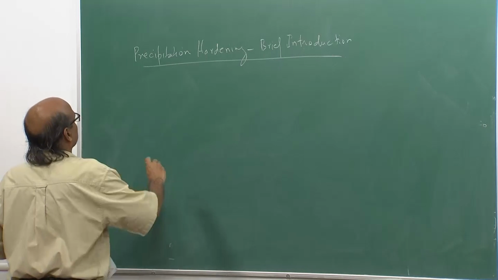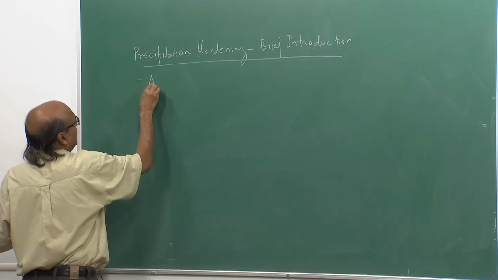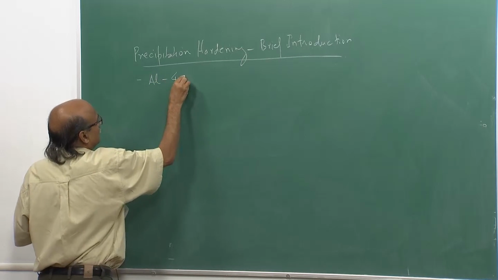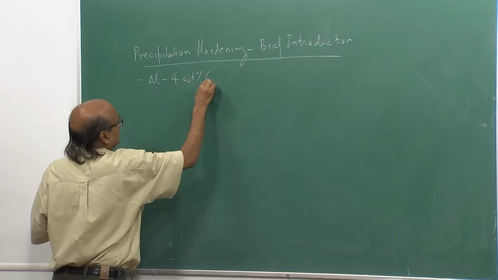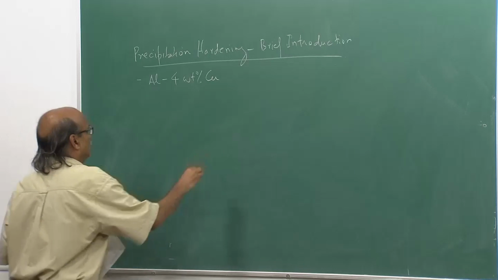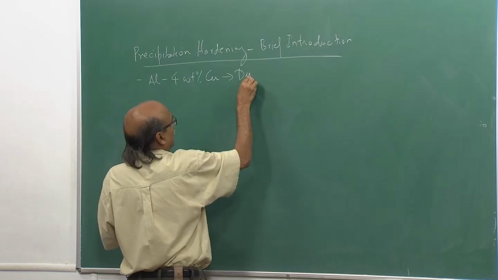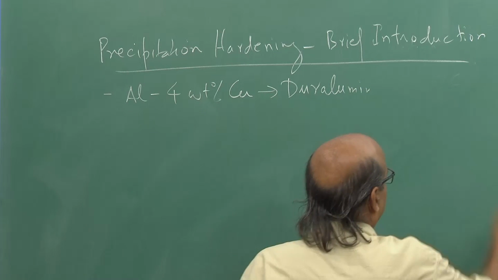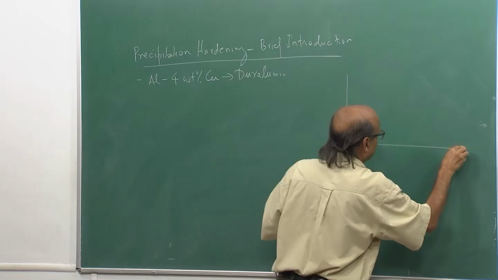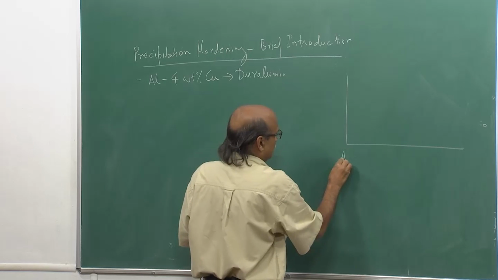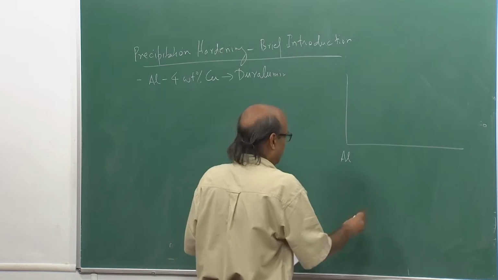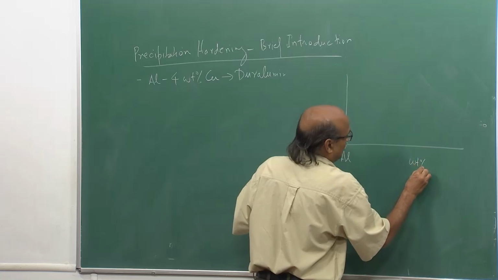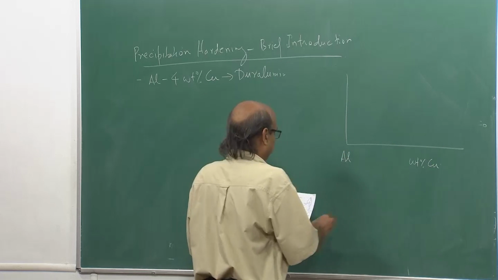So, let us consider this aluminum copper alloy, and specifically an aluminum 4 weight percent copper alloy, which is called duralumin. If I look at the phase diagram for aluminum copper, or part of it, this axis is weight percent copper.